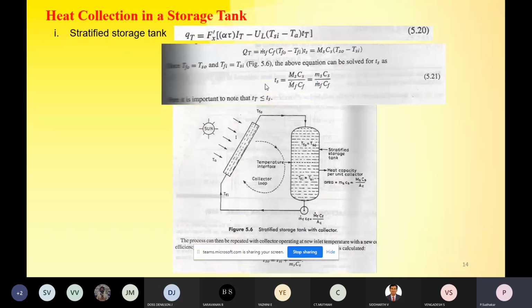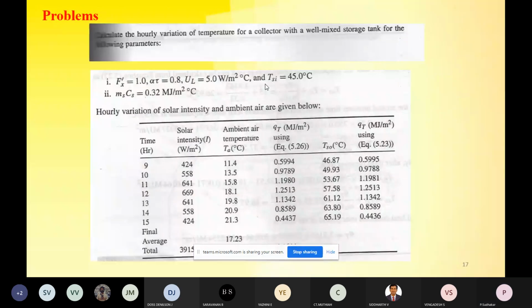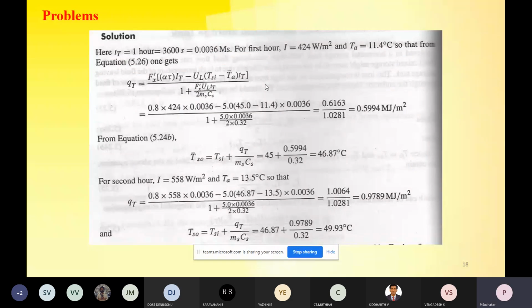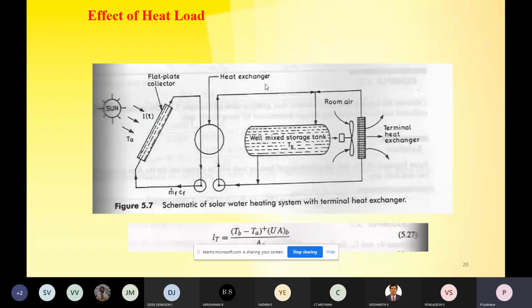So next class will be about heat collection in a storage tank, the stratified storage tank and the well mixed storage tank. So with that we will see some problems, that is, how the data is when you extract data from experimental setups. From that data, how we will calculate the storage time, outlet temperature and effect of heat load.